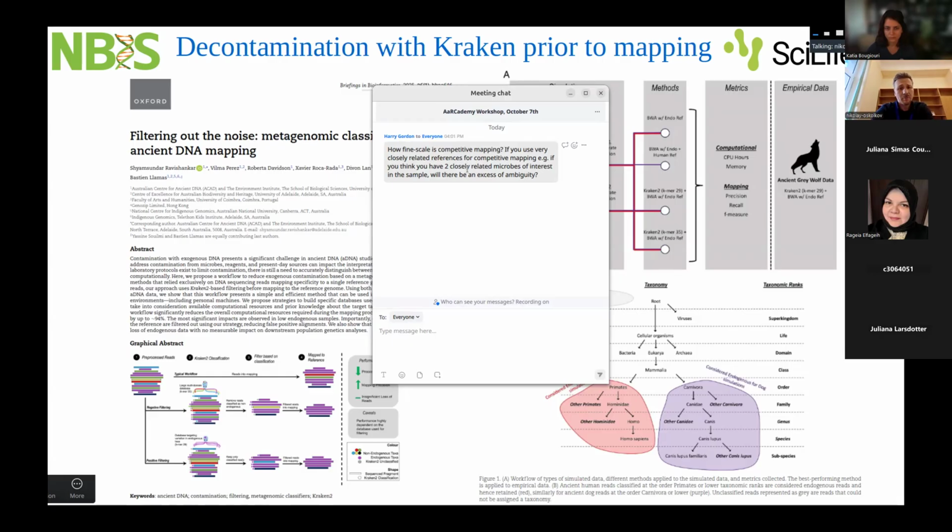You're right. Let me give you an example from ancient metagenomics, where searching for ancient pathogens such as Yersinia pestis, the plague-causing agent, is a big direction. Lots of labs routinely screen their samples for the presence of ancient pathogens.